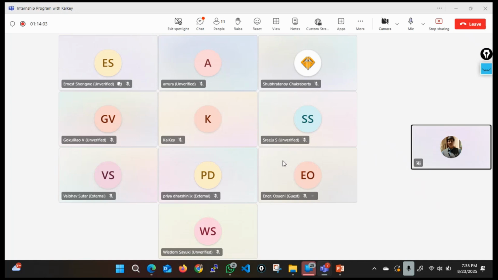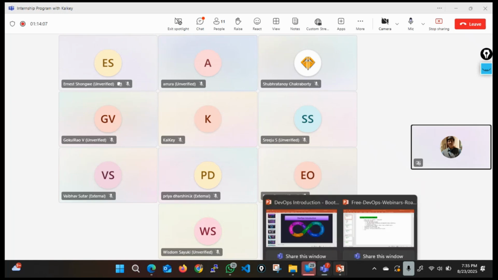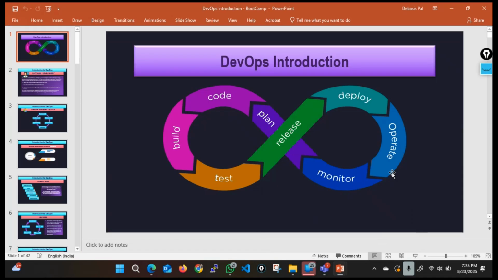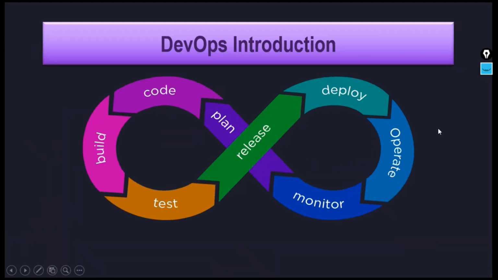So let me start with our session topic, which is the introduction to DevOps today. As you know, we will try to cover as much as we can with this introduction. I will make it bigger. Are you able to see the screen, everyone?